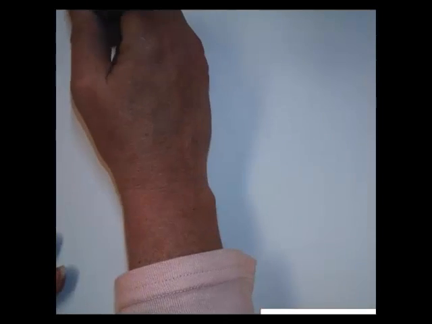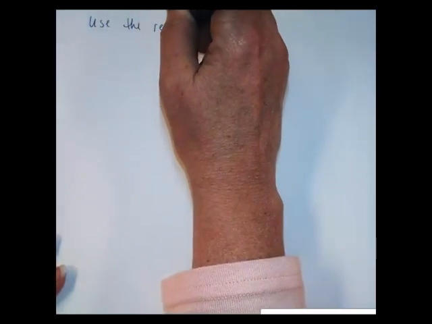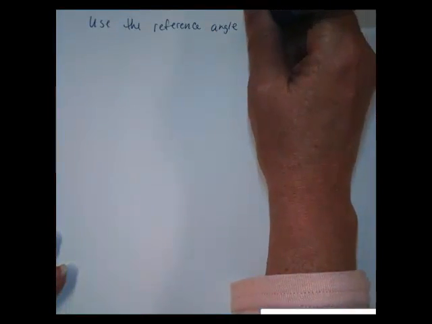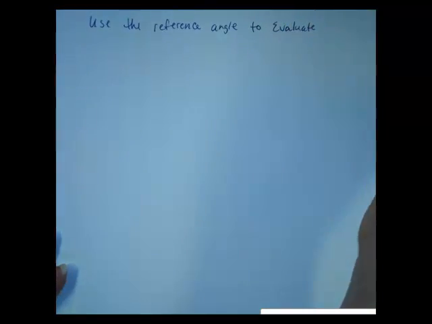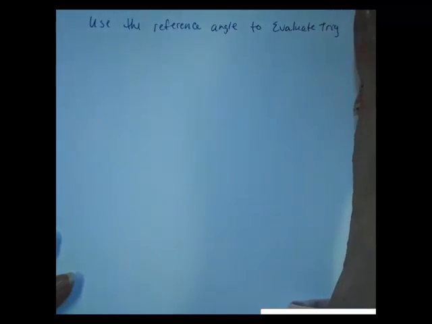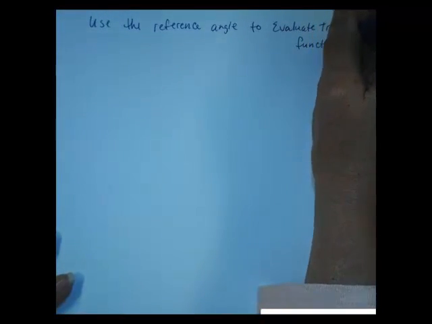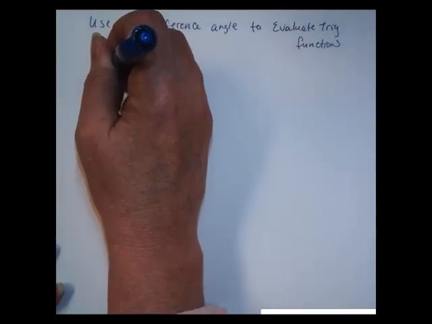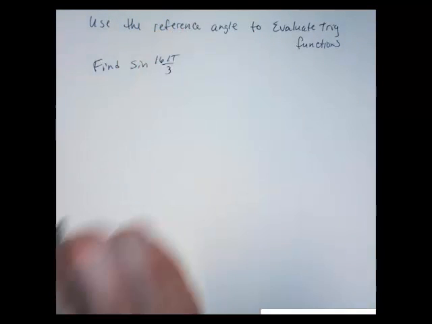So we're going to use the reference angle to evaluate the trig function. So let's find sine of 16 pi over 3.